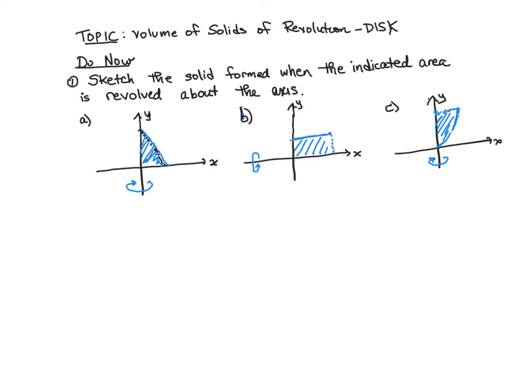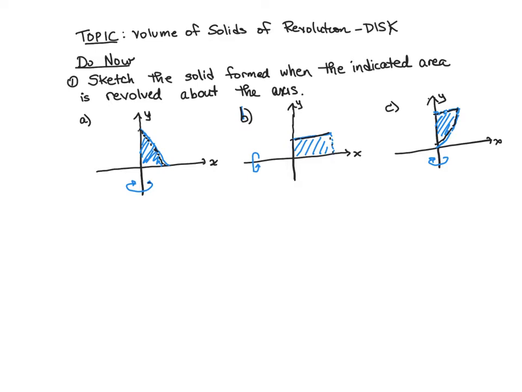Here I have a horizontal line to a certain point, bounded by the x-axis and the y-axis, a vertical line drawn to the x-axis and bounded by the y-axis, and here the half of a parabola and some horizontal line and the y-axis. So we have these areas, and what we're going to do is rotate these regions about the x or y axis.